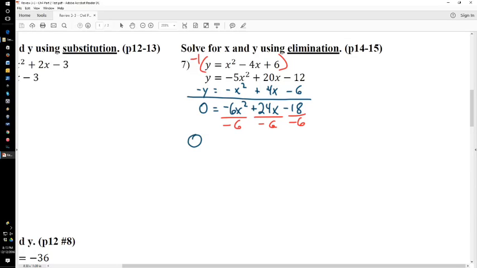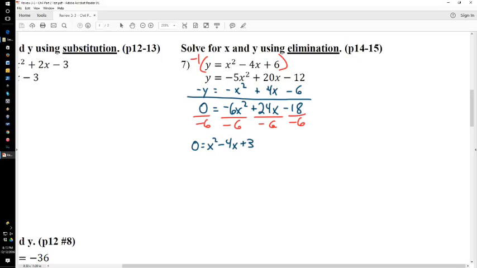So 0 equals, and I can divide it out of this as well, actually, so it goes away completely. So 0 divided by -6 is 0, -6 divided by -6 is 1, 24 divided by -6 is -4x, and -18 divided by -6 is positive 3.